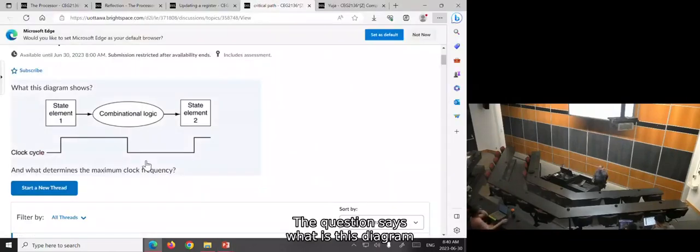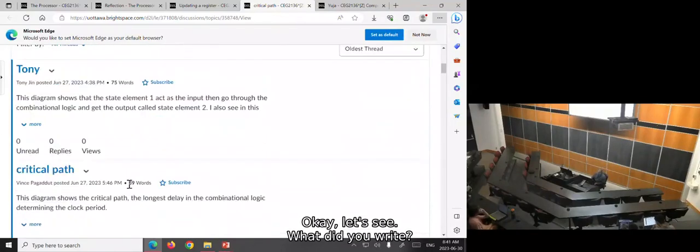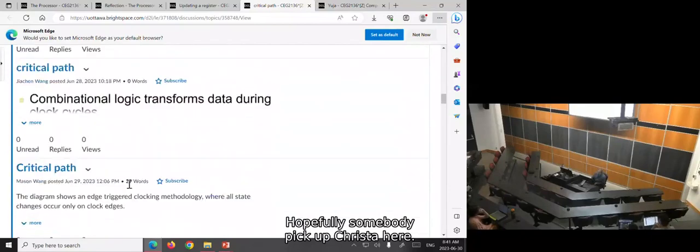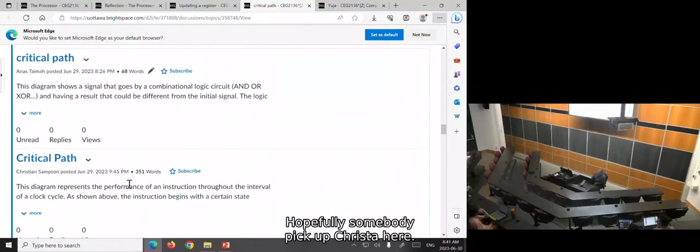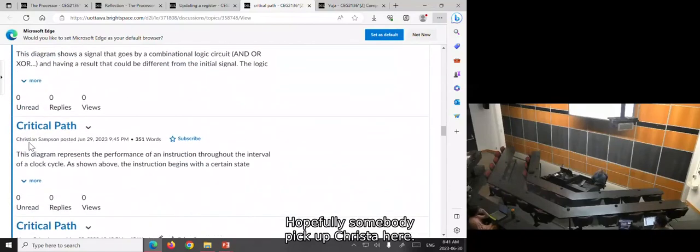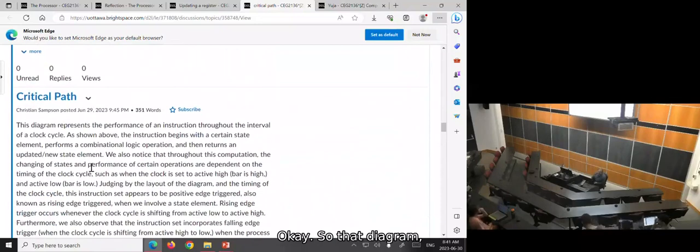So the question says, what is this diagram and what determines the maximum clock frequency? Okay, let's see, what did you write? Christian, here? Okay.